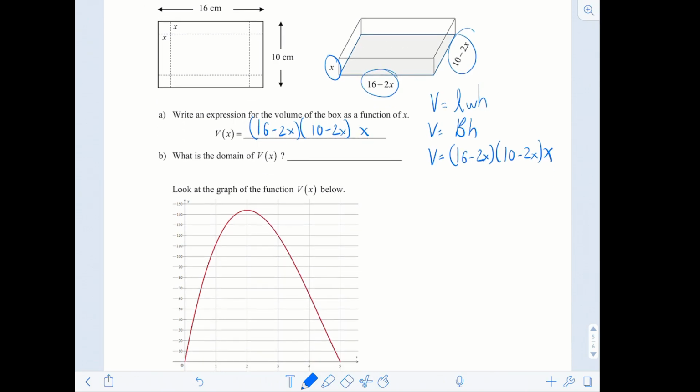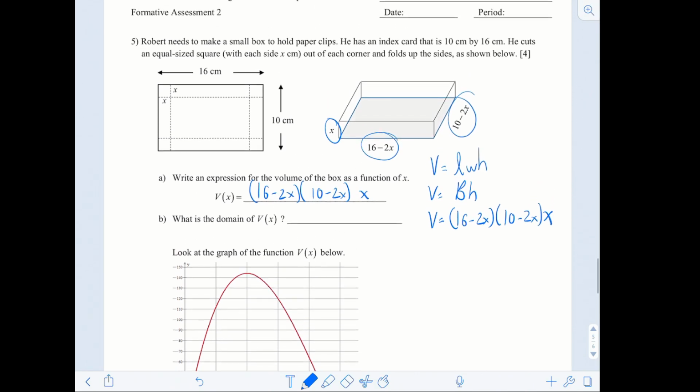All right, so what is the domain of this? What ends up happening here is when we are working with some type of real life example, we can have x values that go into the negative or into the positive, but we end up getting an issue with not actually having a physical thing anymore.